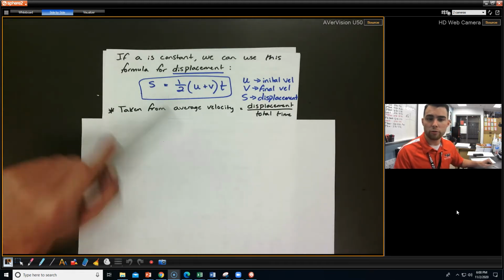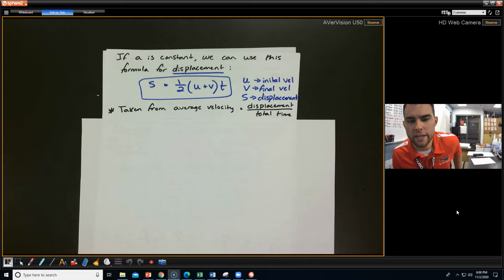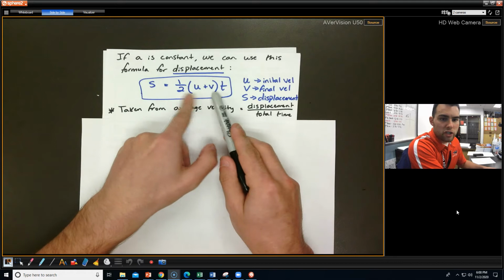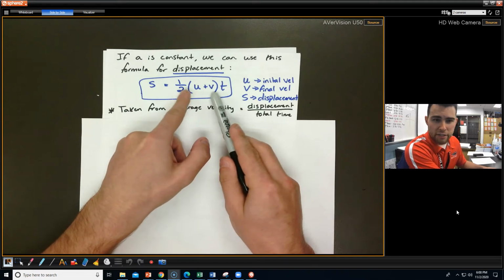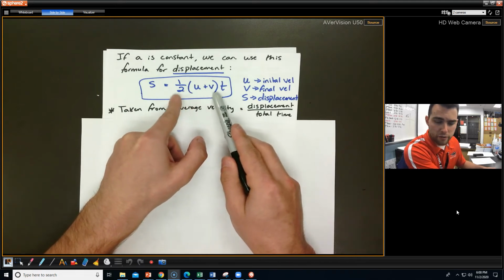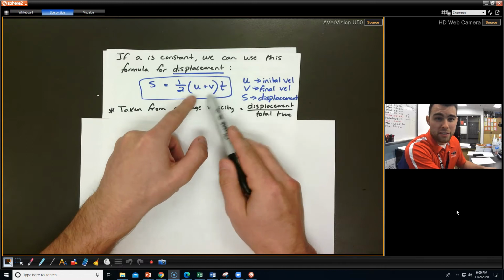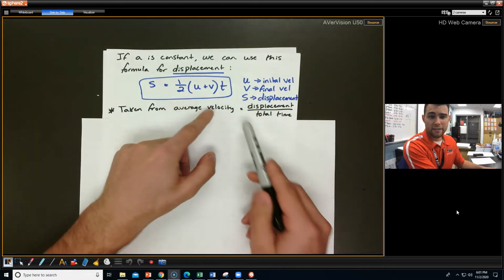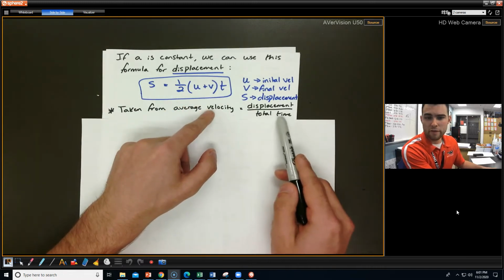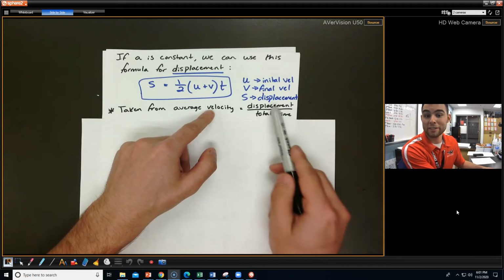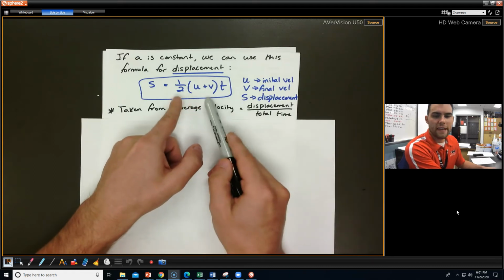This is equal to 1/2 times (u plus v) times t. So it's really the average of our velocity: the initial plus the final divided by 2, times the time. It's literally just our velocity times our time, so if I move the time over, velocity times time does equal displacement. And that's what's going on here.